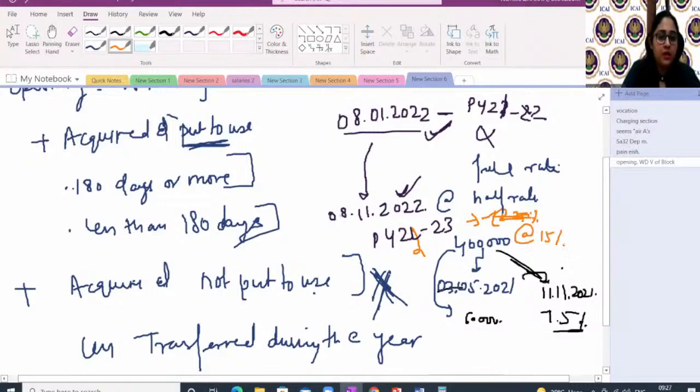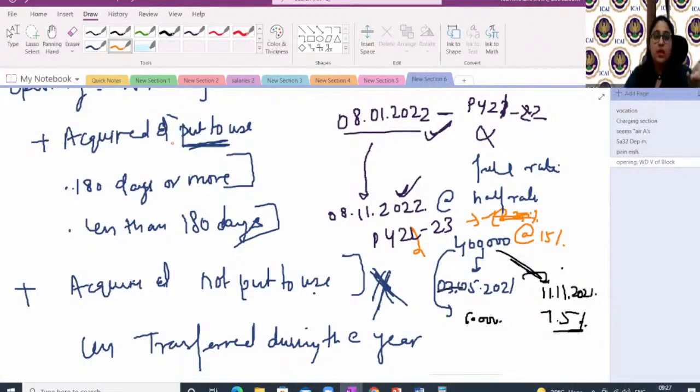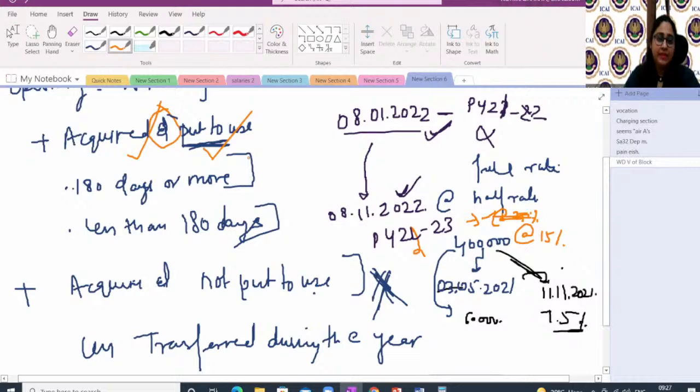This acquired and put to use condition of 180 days is only for the year in which it is acquired. If it is acquired in an earlier year and put to use in the next year, and in the next year it is used for less than 180 days, then also you will give full year depreciation. Why? Because this 180 days condition applies when acquired in the same year and put to use in the same year.